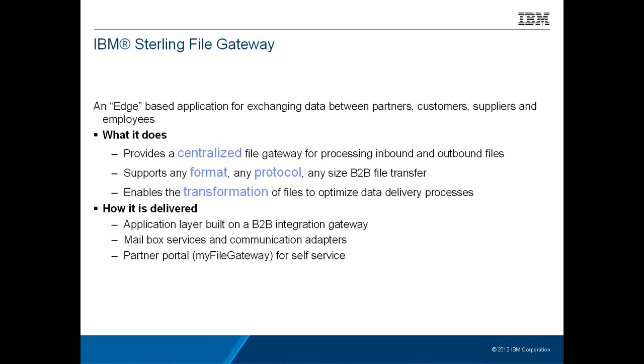So if there are customers who would want to exchange data with an enterprise automatically, they don't want to manually upload files to My File Gateway, and there is a need for other set of partners and suppliers who would want to do an upload. Sterling File Gateway fits in very well, wherein you would want customers to directly automatically send data over AS2, and you would want suppliers to upload manually.